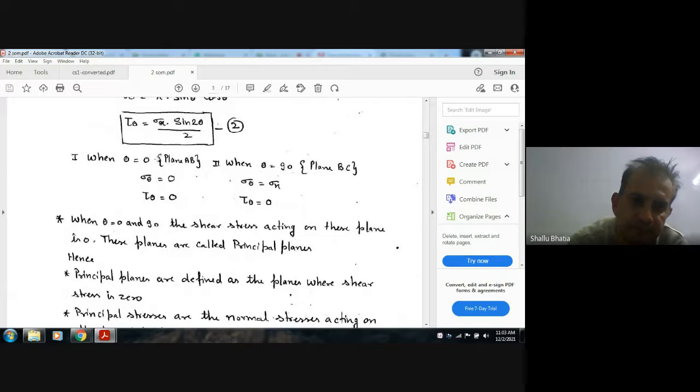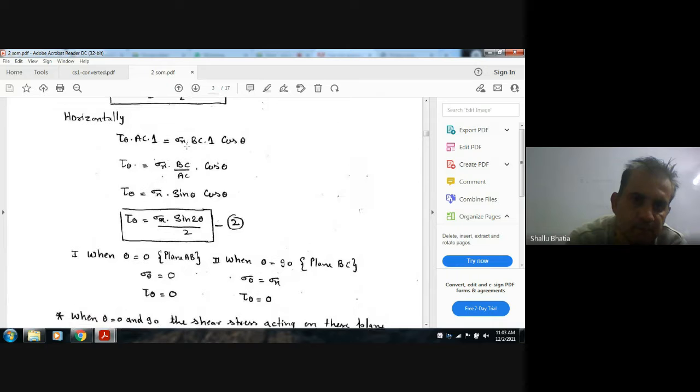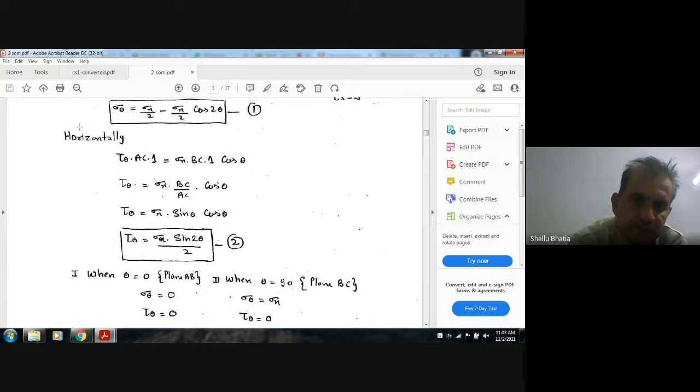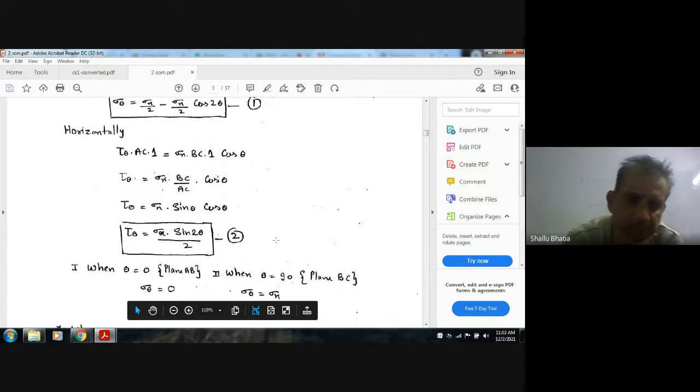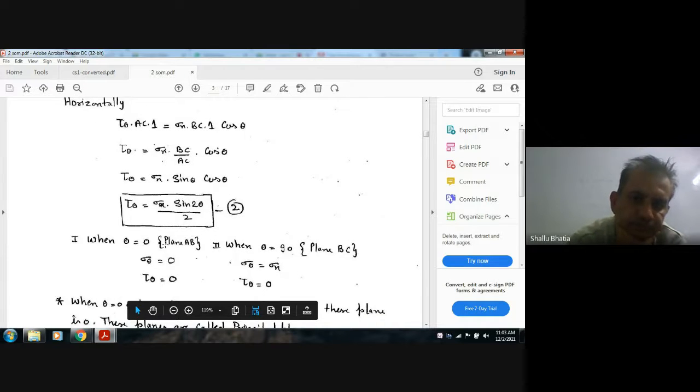Then sigma theta is 0, because here cos 0 will be 1, so sigma x by 2 minus sigma x by 2 is 0. Now if we put theta as 0 in this equation, sin 0 is 0, so tau theta is 0. So there is no stress acting on plane AB.